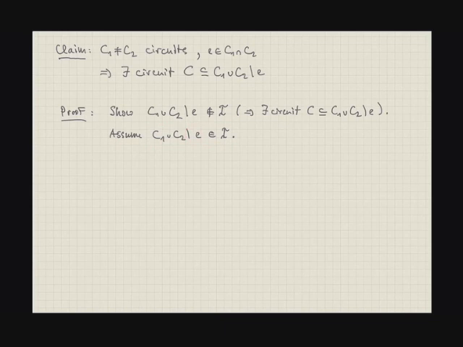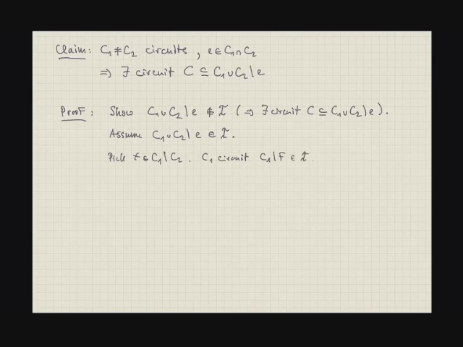Now let's see. So first of all, we know that C1 and C2 are different. So therefore, I can always pick an element F contained in the first circuit C1, but not in the circuit C2. And since C1 is a circuit, when I take out an arbitrary element, so C1 without F, that is an independent set.